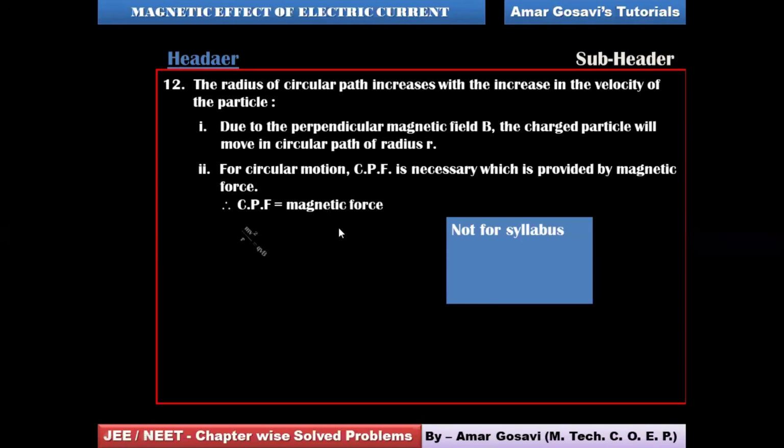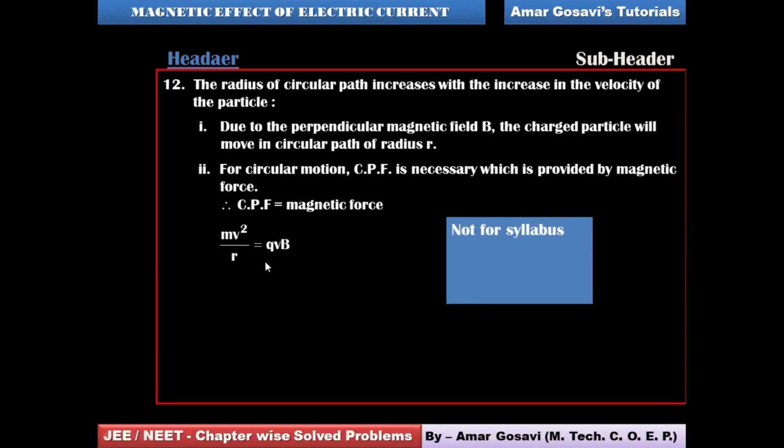So we can equate the centripetal force mv square by r equal to qvB, where m stands for the mass of the positively charged particle, v is the velocity with which it is moving, r is the radius of the circular path, q is the charge on the particle, and B is the magnetic induction of the magnetic field under the influence of which the charged particle is moving.